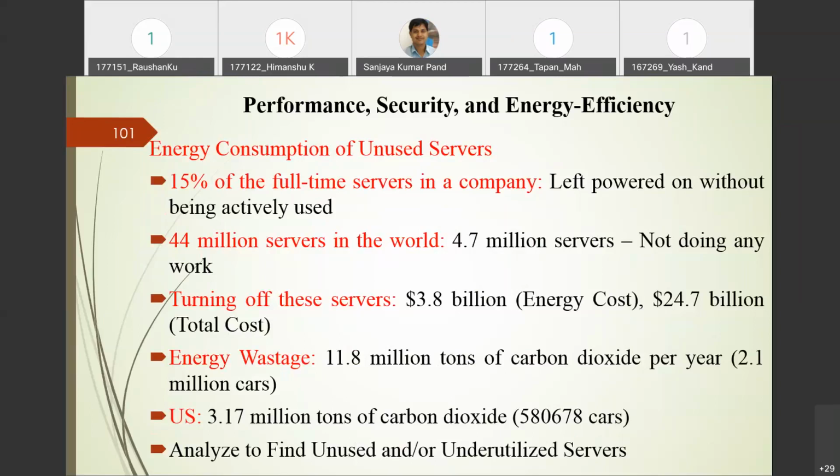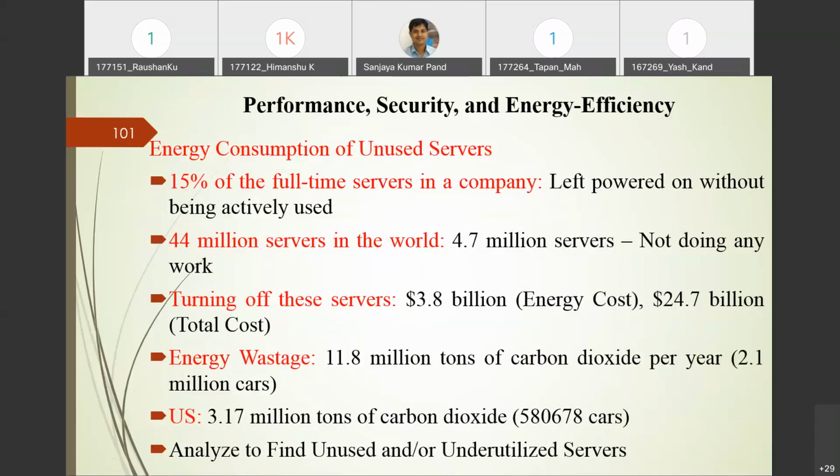Here it says 15% of the servers in a company are left powered on without being actively used. You are not sure how many servers are required for a particular application. If the target is 75, to be on the safe side you say let us make it 90 servers. 75 servers will be online and 15 servers will be active but not used, because you do not know how to estimate how many servers are required.